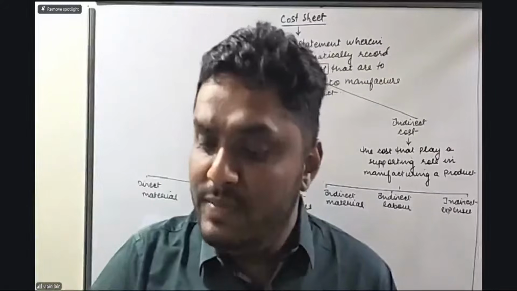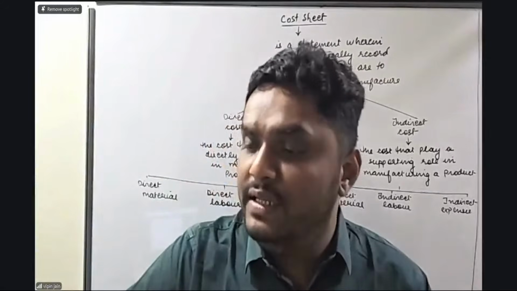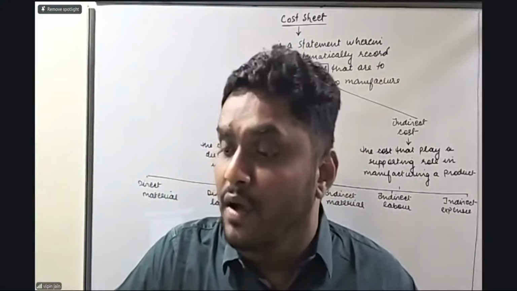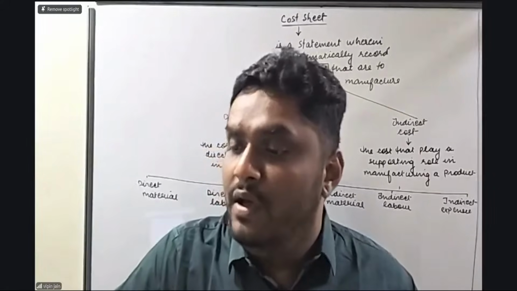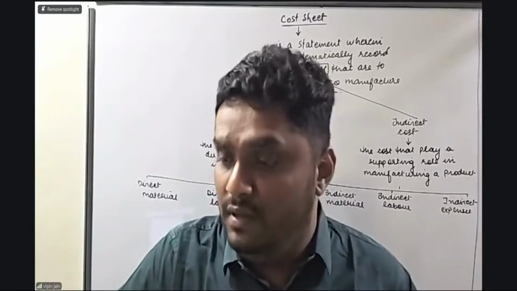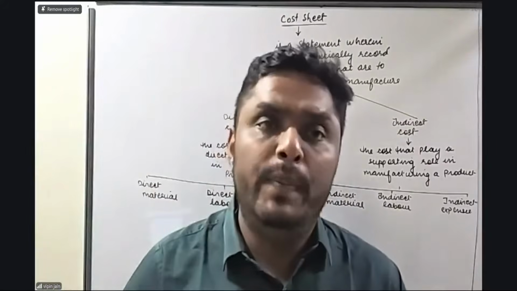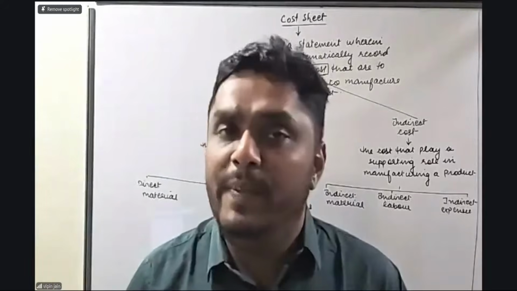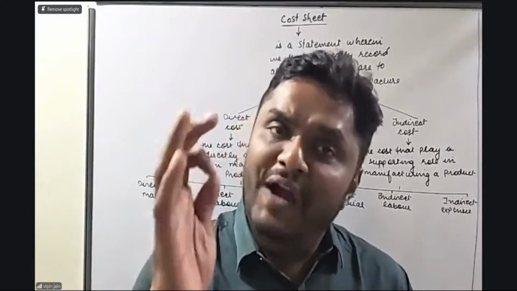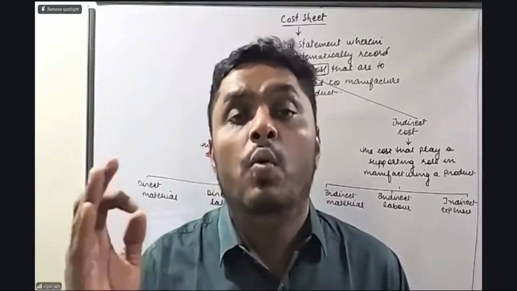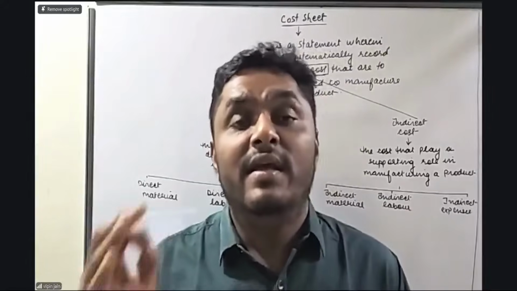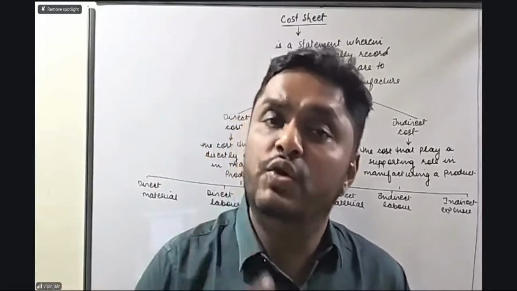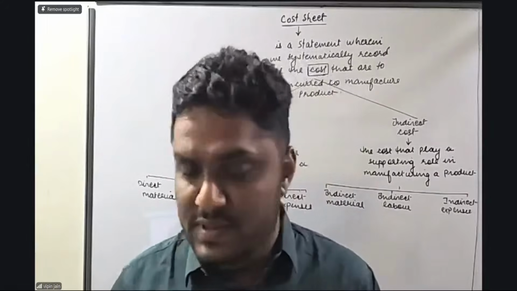There are a few examples given in the study material, that is power, coal and fuel, royalty paid for manufacturing a product, hire charges paid for hiring specific equipment, fees for technical know-how, amortization of mold, dies or pattern, etc. So apart from direct material and direct labor, whatever other expenses are directly incurred in relation to manufacture of a product, we call them direct expenses.